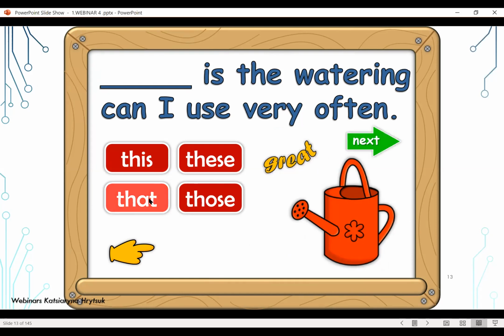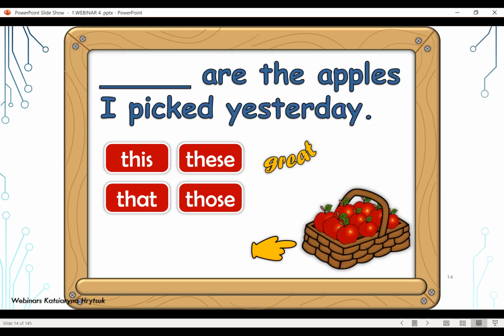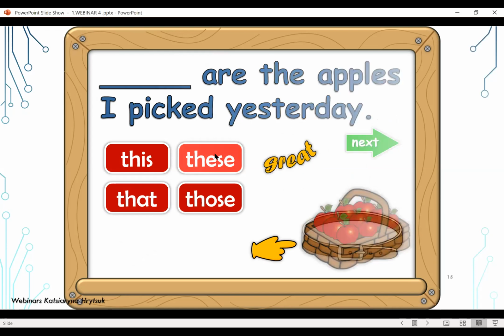That is the watering can I use very often. It's called a watering can. Okay, it's two words, but this one is a watering can. Next. Zhenya. These are the apples I picked yesterday. Absolutely. These are the apples I picked yesterday.